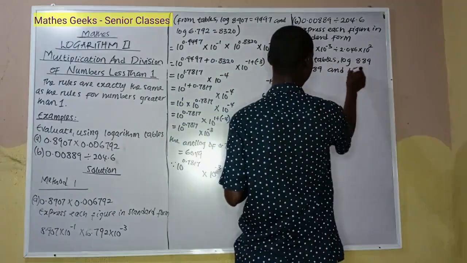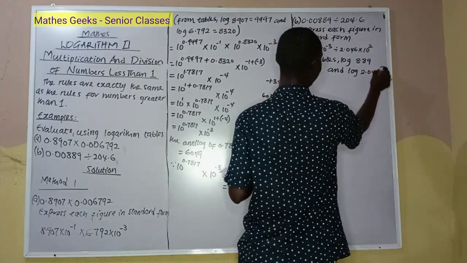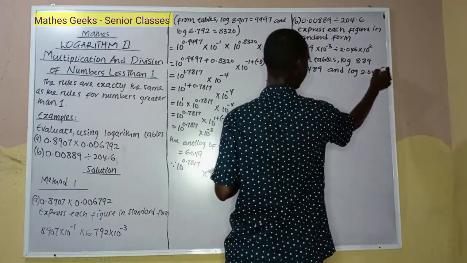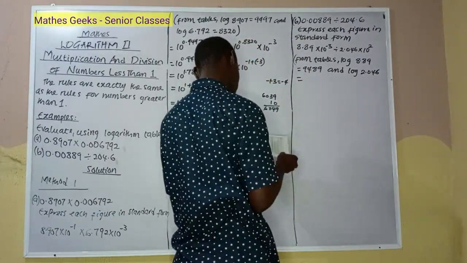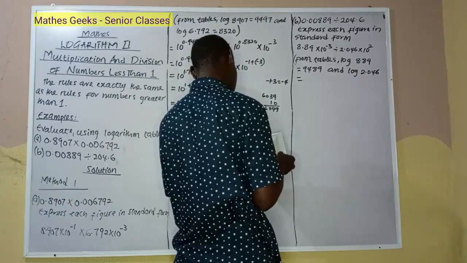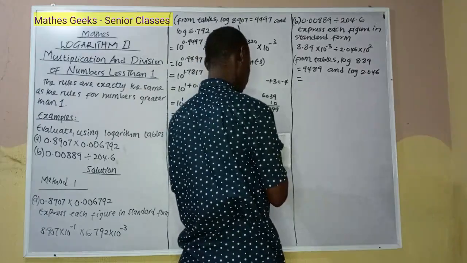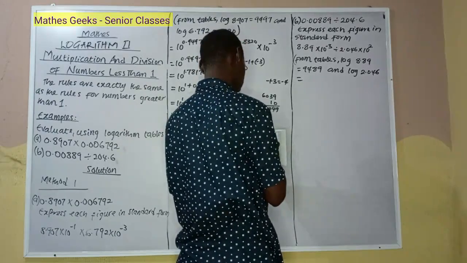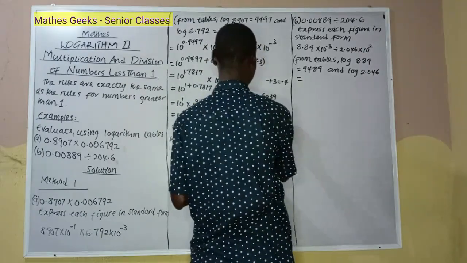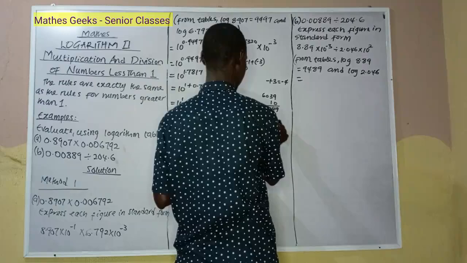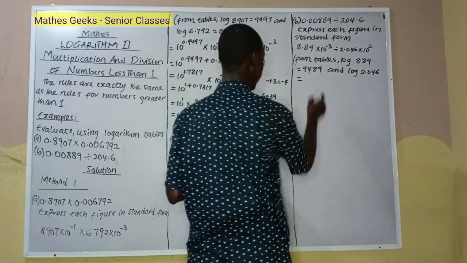And log 2.046 is equal to 20 under 4, 3096, difference 6, 13, so 3109.